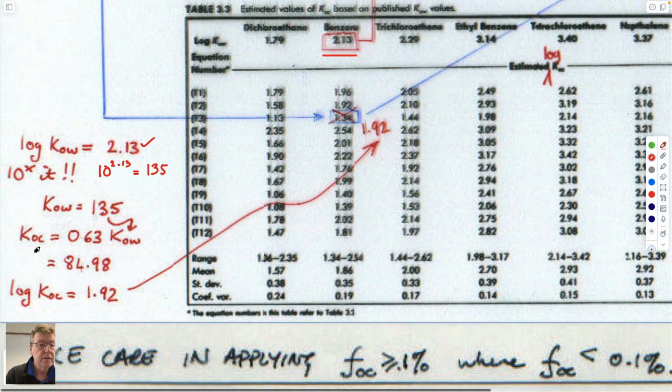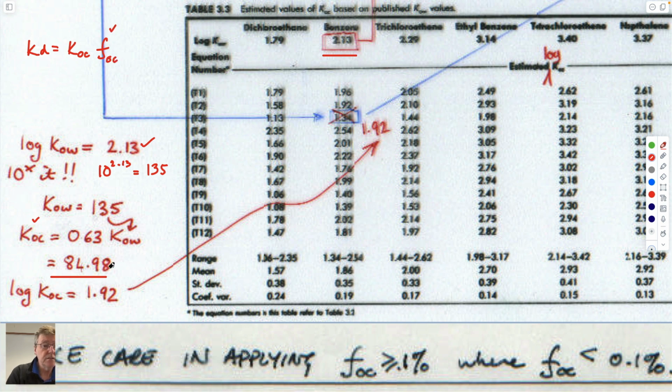Put 135 into this expression that we had here, and you get KOC is equal to 84.98, or log KOC is equal to this. We need this value, right? We need KOC. And again, we can get the distribution coefficient is equal to KOC, not log KOC, times fraction of organic carbon.